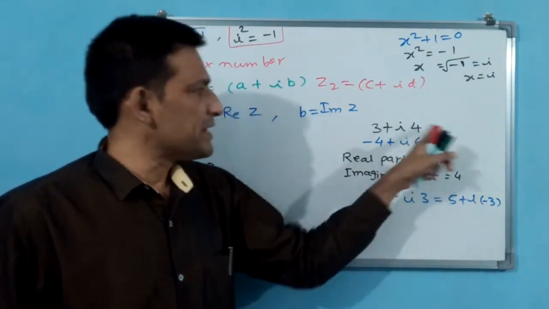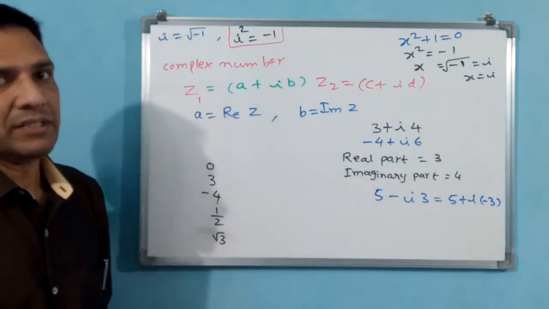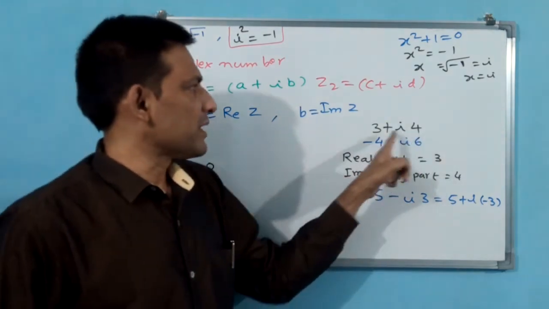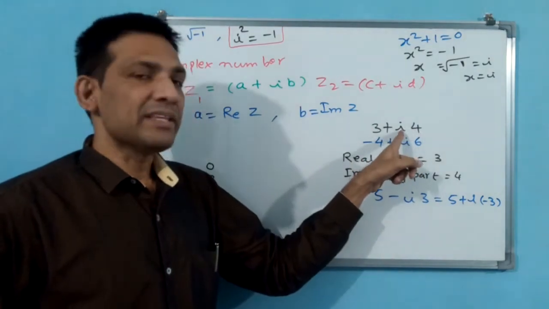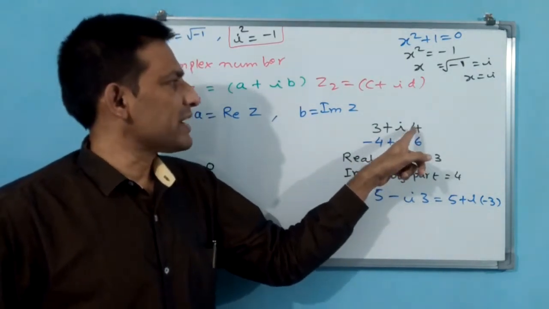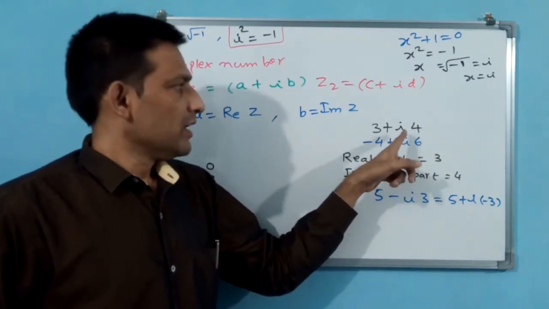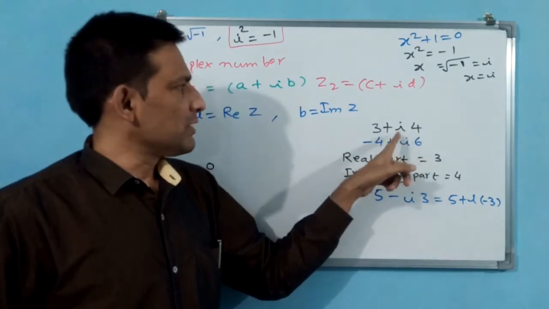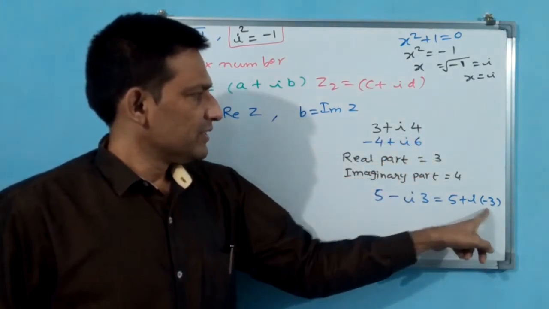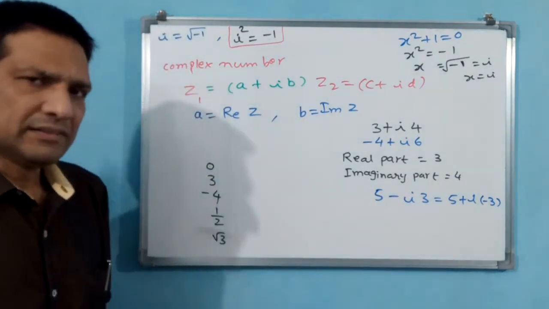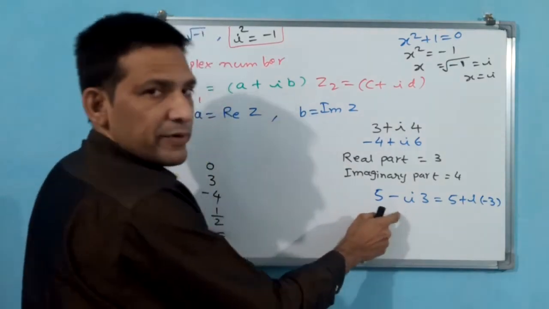Because i and 3 are multiplying here. i4 means multiplication, not i plus 4. The number 4 is multiplying with i. When it is multiplying, automatically the sign goes to i only. If i is positive and 4 is positive, then plus i4 will come. If 3 is negative, then minus i3 will come. That's all. That means these two numbers are the same. Best practice is 5 minus i3.